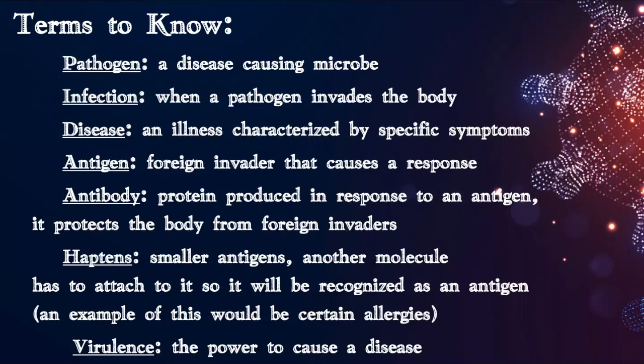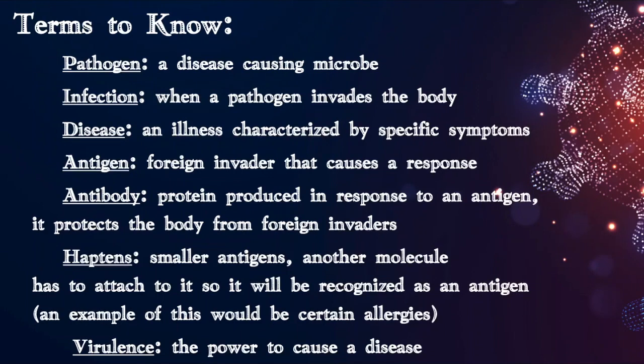Here's a list of terms that you will need to know. We have a pathogen, which is a disease-causing microbe or microorganism. We have infection, when the pathogen invades or enters the body. A disease is the illness characterized by the specific symptoms created by the pathogen or the infection caused by the pathogen.